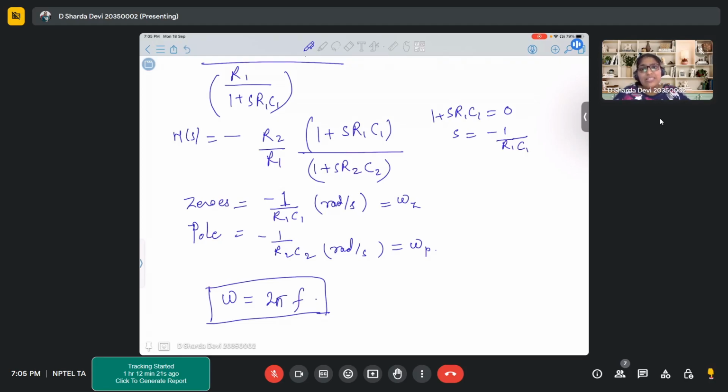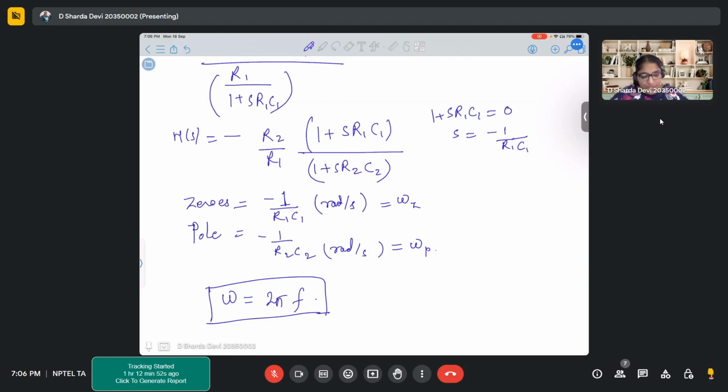Many times people make this very silly mistake, so you have to be very clear whether your results are in radians or in hertz. Am I clear? Yes, ma'am, clear.